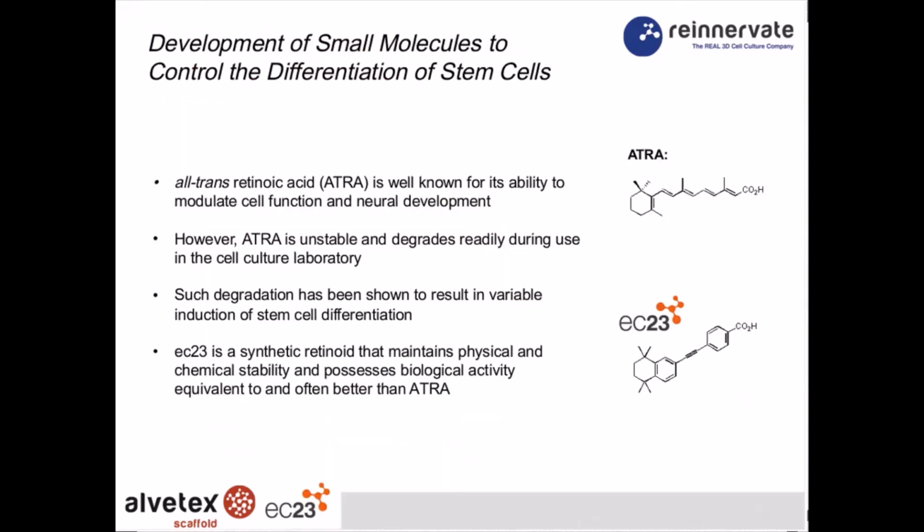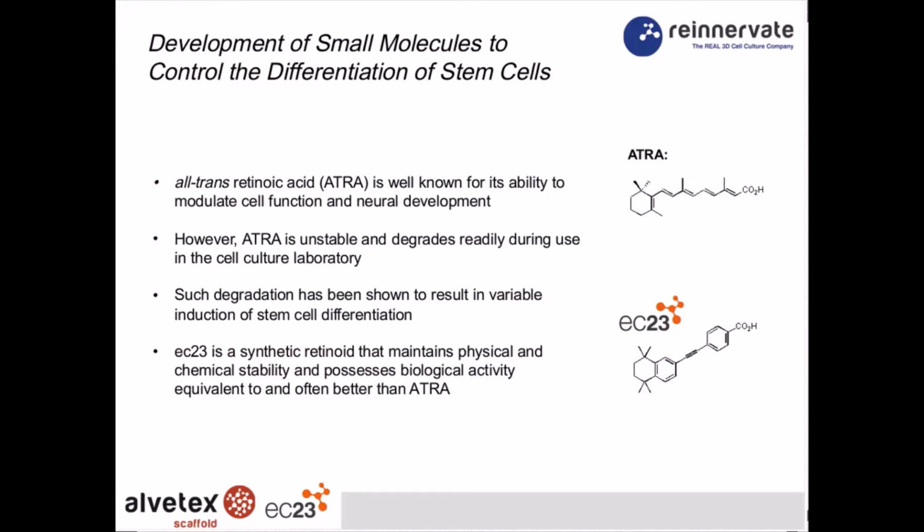So that work was achieved using stem cells and inducing those stem cells to make neurons. And classically, one would use all-trans retinoic acid. It's a vitamin A derivative, it's a natural compound, and it's often used in stem cell work, particularly in neuroscience.